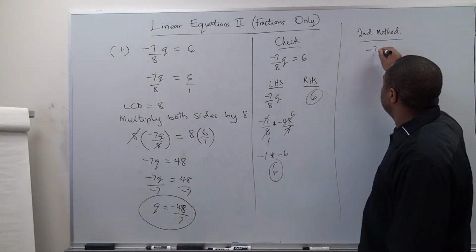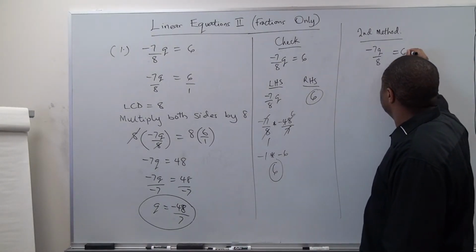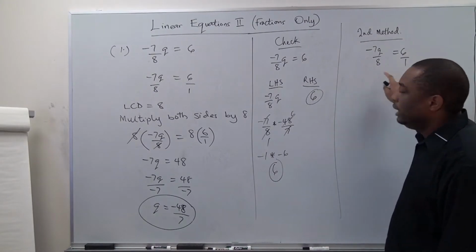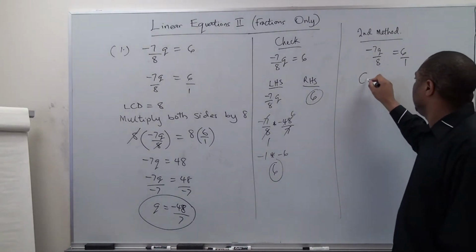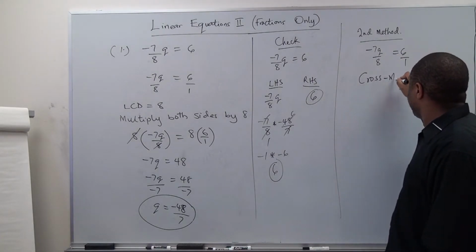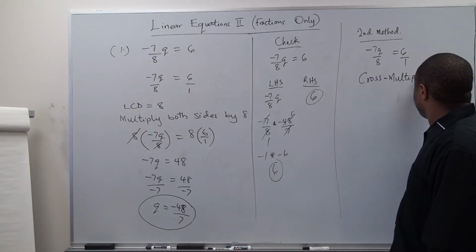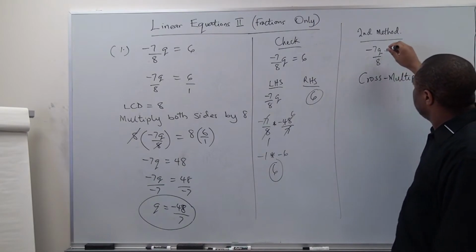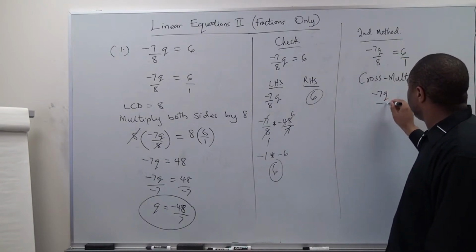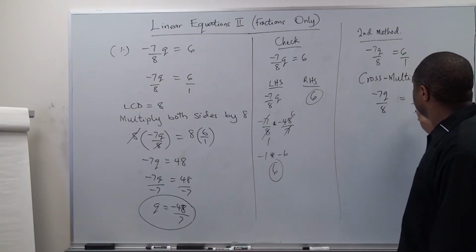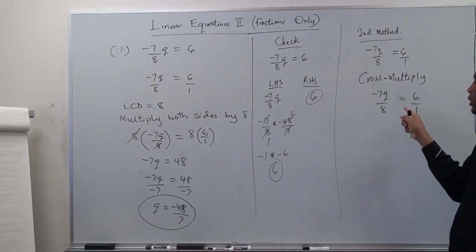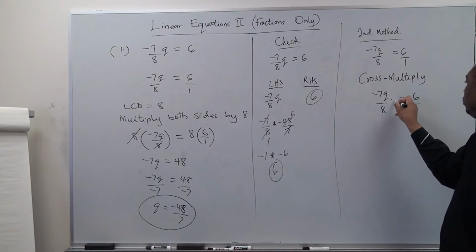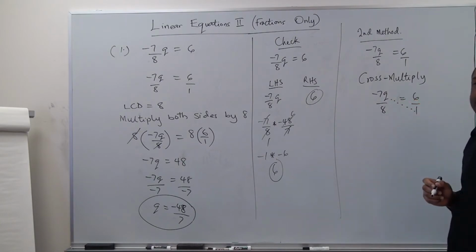Okay, when you have negative 7q over 8 equal to 6 over 1, in this case, you can cross multiply. Cross multiply means it goes this way. You multiply the numerator of the fraction on the left hand side with the denominator of the fraction on the right hand side.